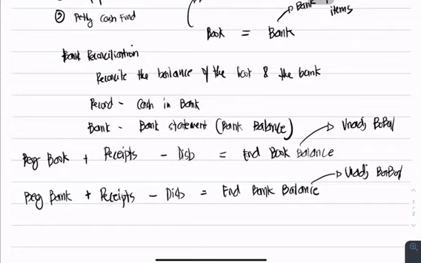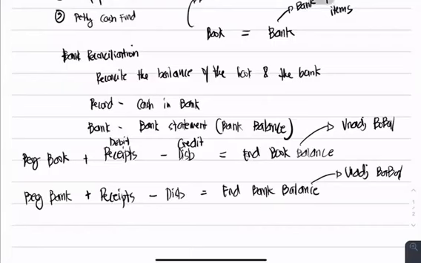Now, for these items of receipts and disbursement, we have other terms that we use to indicate receipts or disbursement. For book, receipts is also known as debit. Disbursement is known as credit. Therefore, when we say book debits, it means book receipts.